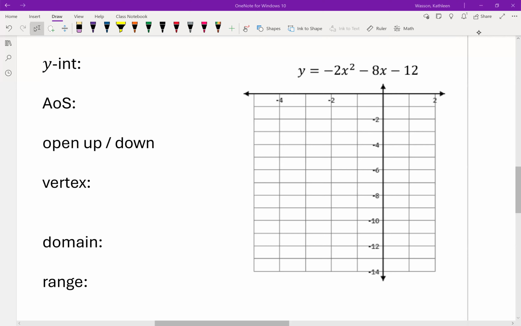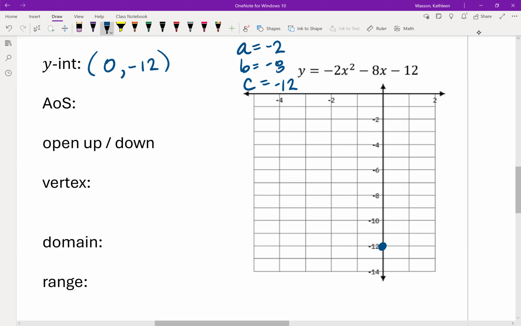Here's another example to graph. I'll start by identifying A, B, and C. A is -2 for this equation. B is -8. C is -12. My y-intercept is at 0, C, so 0, -12.